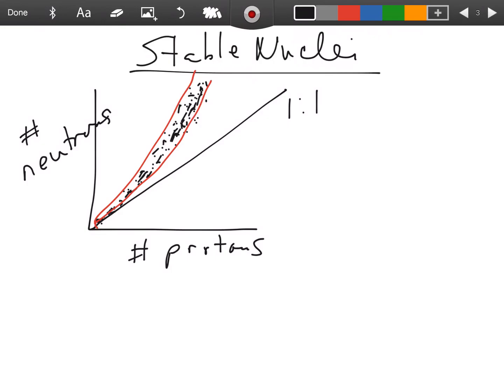So it starts off on that line, but then pretty soon falls off that line. So this is called the band of stability. The light atoms are stable in a 1-to-1 ratio. Heavier atoms require more neutrons. And this is all correlated to the binding energy, where we're looking at the energy in the nucleus.